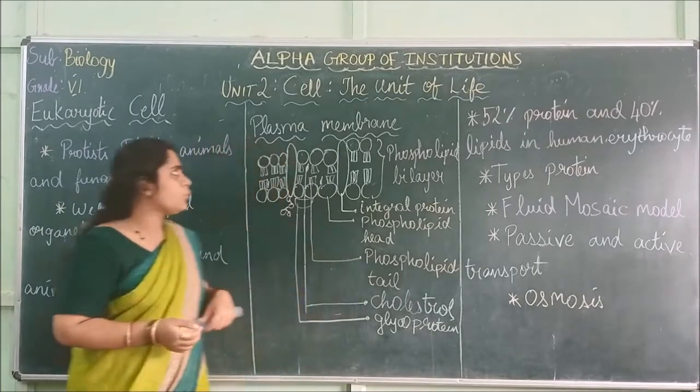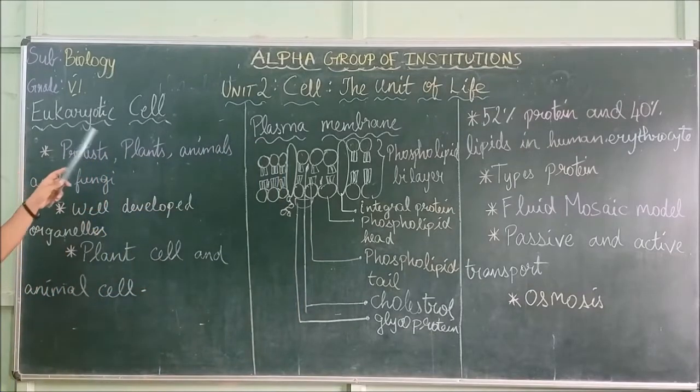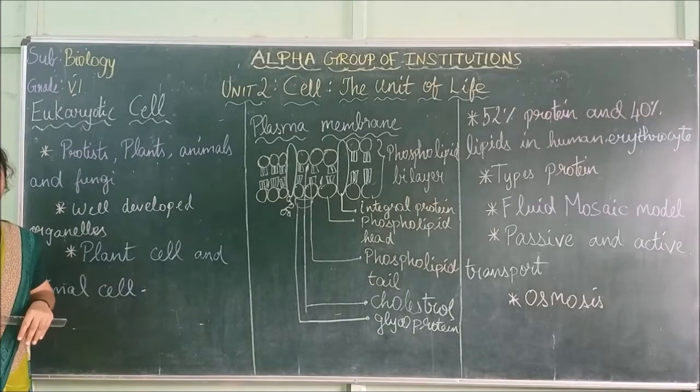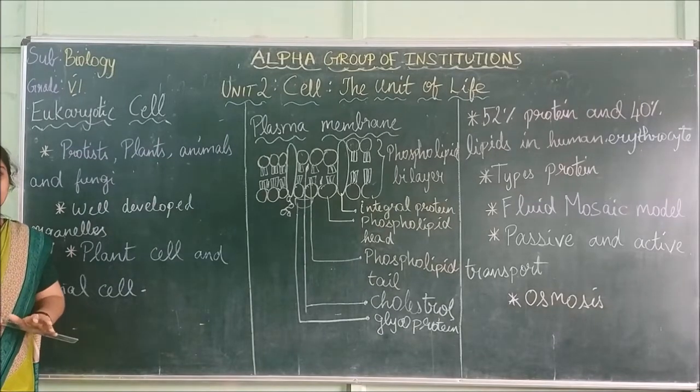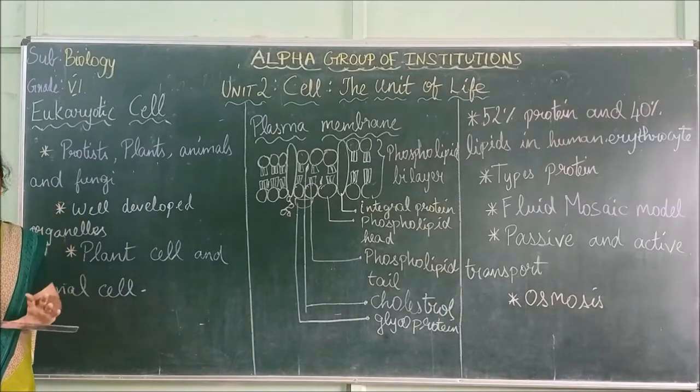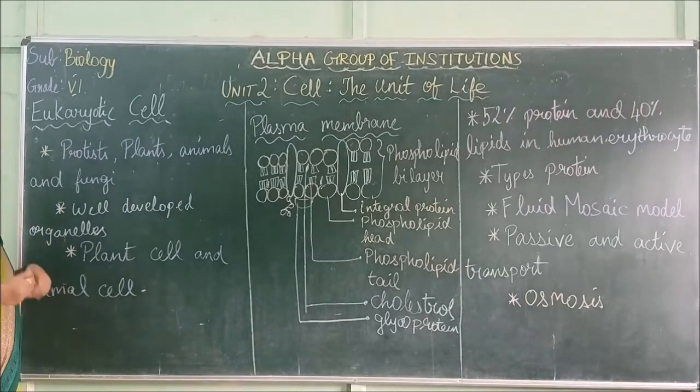So let me start with the eukaryotic cell. What is a eukaryotic cell? As I have already told you, a eukaryotic cell is one which has well developed cell organelles. What does well developed organelles mean?